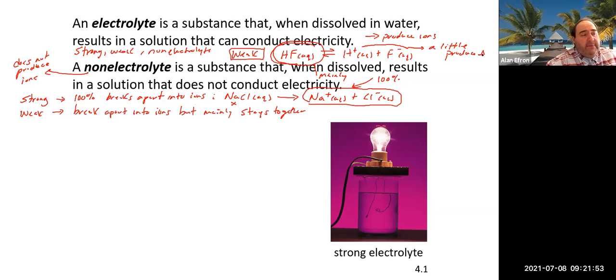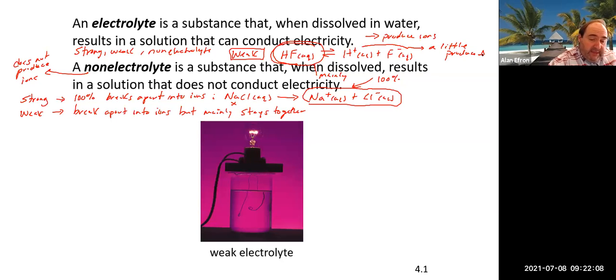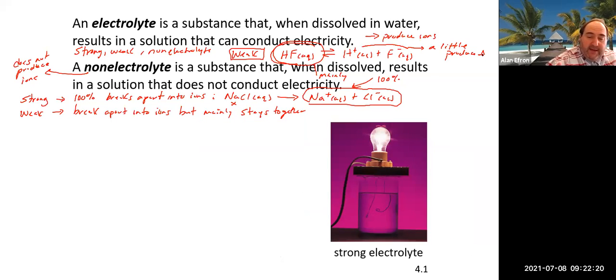Because it still produces a little bit of those ions, it's still able to conduct electricity, but not anywhere near a strong electrolyte. This would be our light bulb in a weak electrolyte situation. You can see it's still on, still got some power, and would still probably electrocute you, but it is definitely not as bright as what you see in a strong electrolyte.